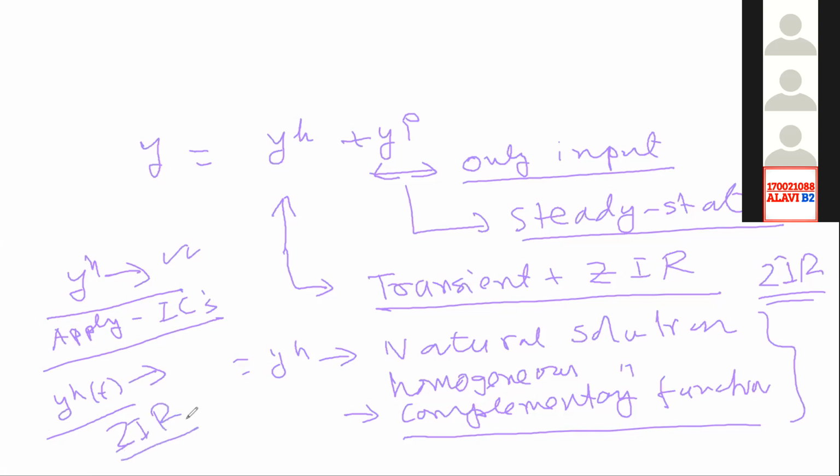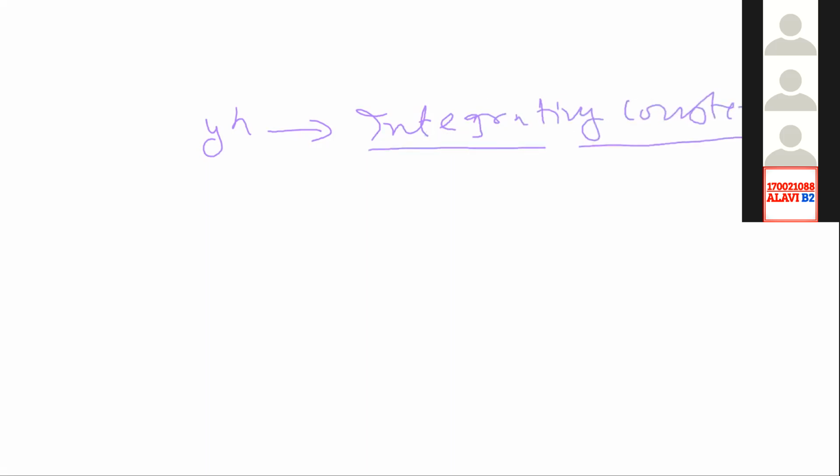But after obtaining your YH, that will contain integrating constants, we will not determine the integrating constant at that stage. Then we obtain YP, the particular integral.